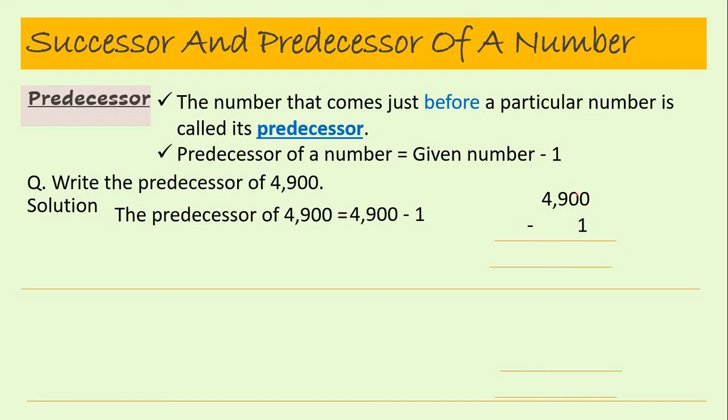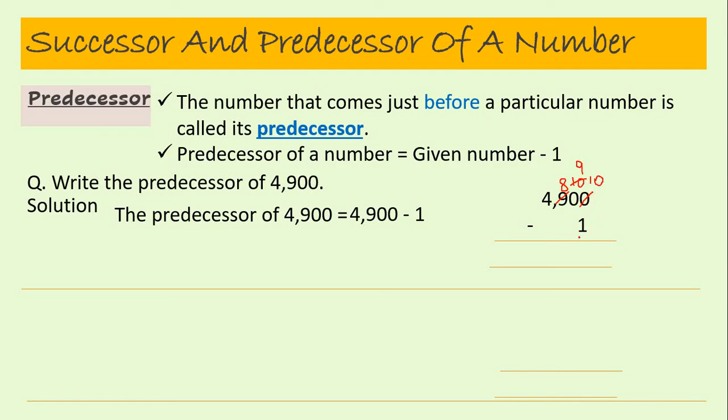It can't give 1. So this 0 will borrow 1 from the next digit. The next one is 9. Yes, now 9 can give 1. After giving 1 to 0, it will become 8. Now the next digit will become 10. But this 10 has to give 1 to the next digit. Now after giving 1 to the next digit, 10 will become 9. And next digit will become 10.